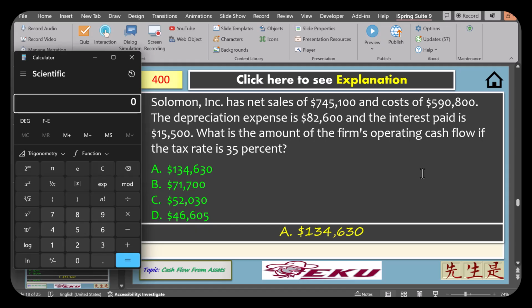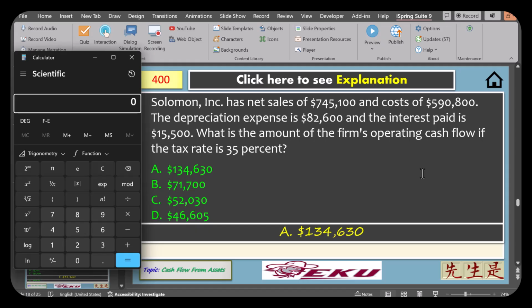If I have a lot of interest expense, it reduces my taxes, but it is not an operating cost. So that's why I calculate my net income first, to take advantage of the tax shields these things generate. But for operating purposes, I'm going to have to add back both depreciation and interest expense.